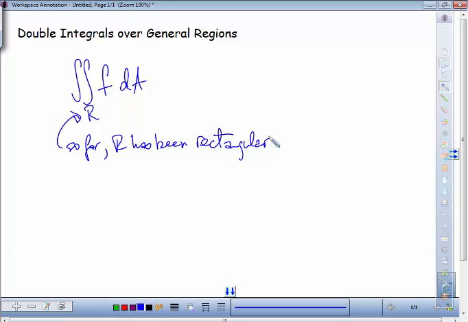So it's all been rectangular regions, and that actually makes our problem easy to deal with. But what we want to do is see what happens if we now have a region that's not rectangular. And you know, those things do come up.